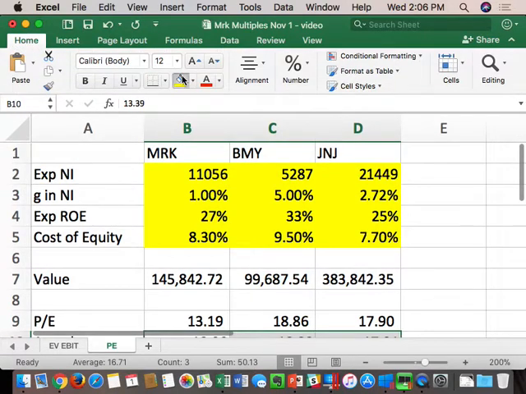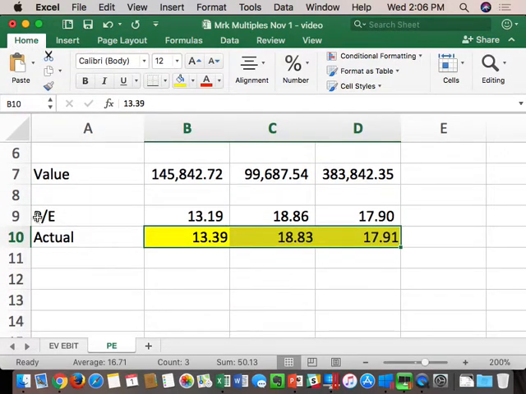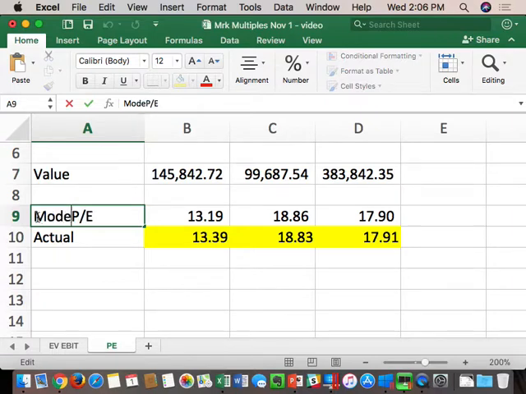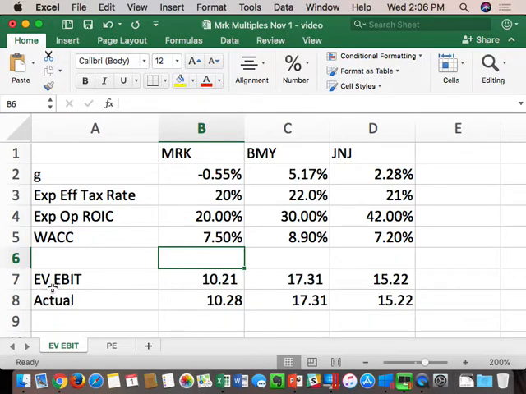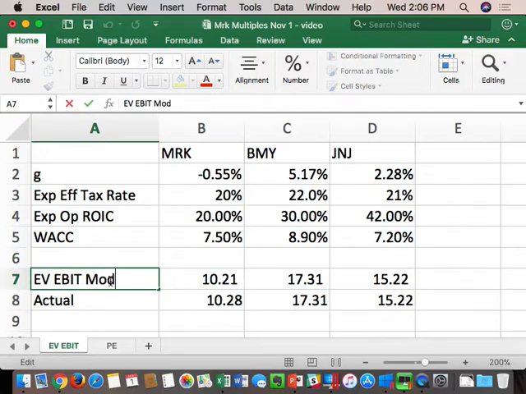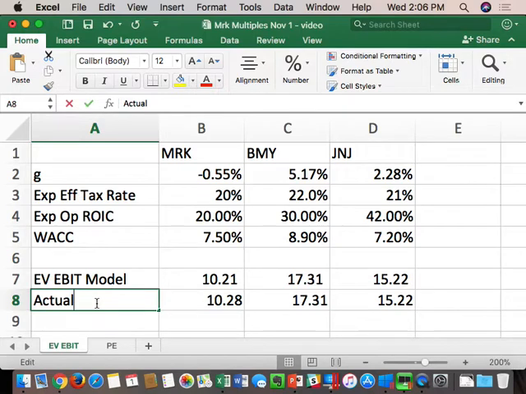and not changing. So this will be the model PE versus the actual PE. Same thing, this will be our EV to EBIT in the model, and this is actual EV to EBIT.